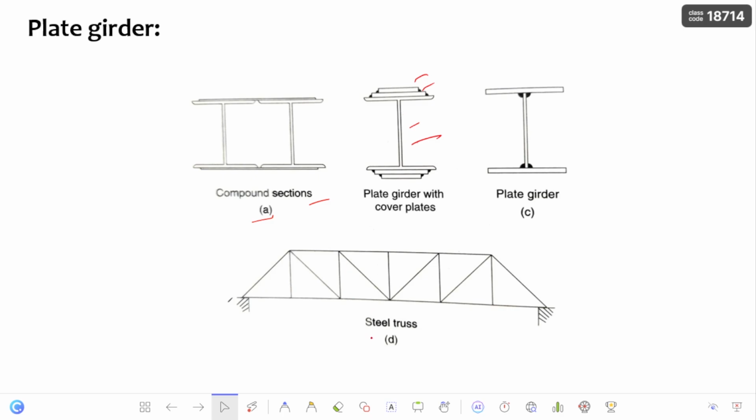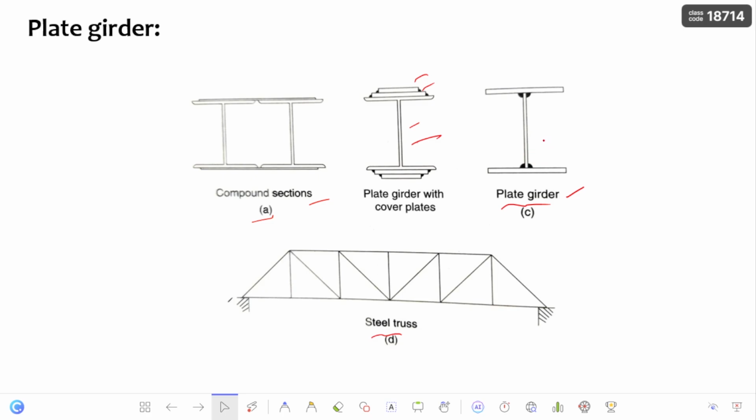The steel truss has problems like higher erection and fabrication costs, and also problems of vibration and impact. And coming to the last option, the plate girder: apart from these three sections, the engineer is going to prefer the plate girder where these three sections are not going to serve.